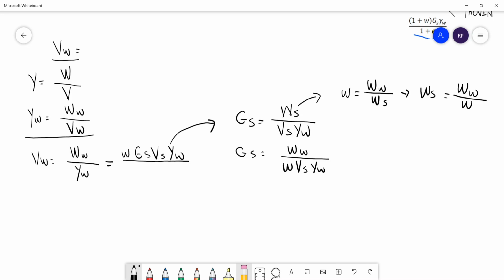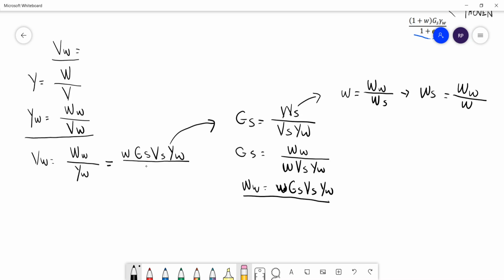So we would have WW equal to W small, moisture content, GS, specific gravity, VS, volume of solids, and your YW. Kaya naging ganyan yan. Okay? Then tuloy natin to.